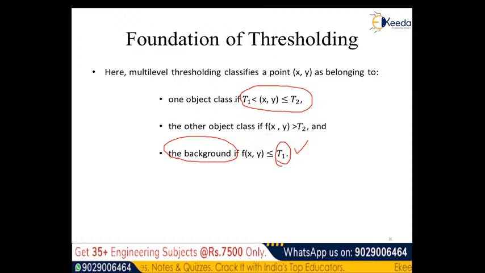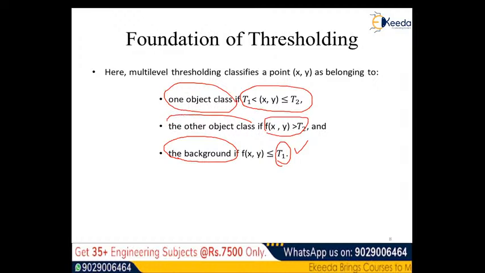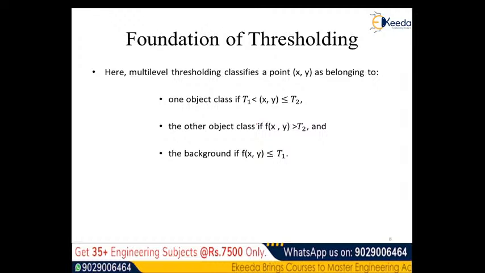This is one region, and another has pixel intensity greater than the second threshold, which obviously is greater than the first threshold as well. This is another object. So this is the set of rules for multi-level thresholding.